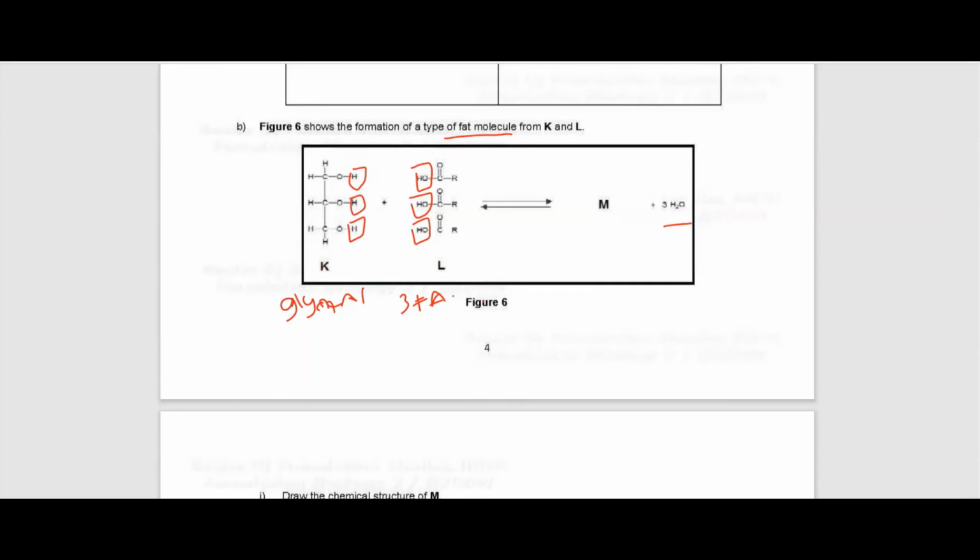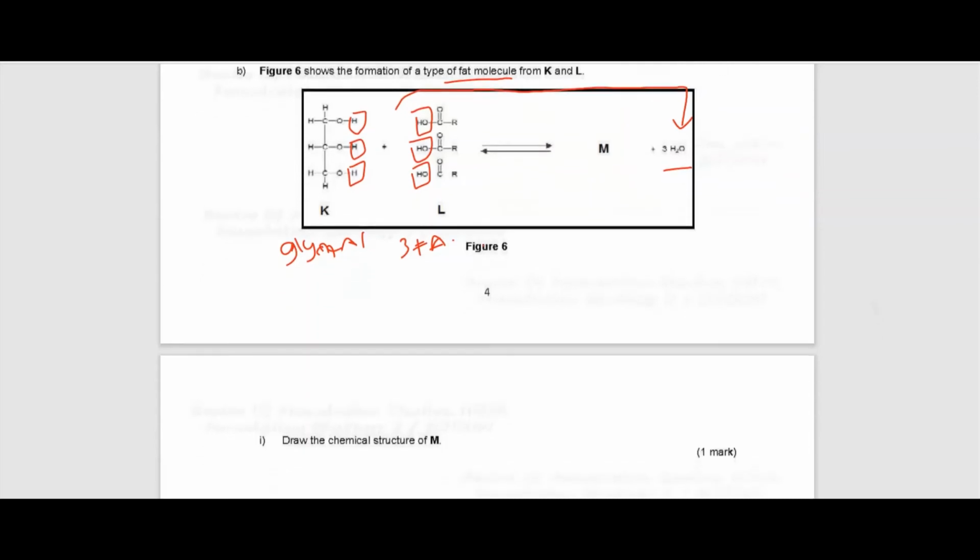So the removal of OH, hydroxyl, from fatty acid and hydrogen from the glycerol discards 3 molecules of water. Okay, so the product will be M. So you join the glycerol and the fatty acid together to form M, which is triglyceride.